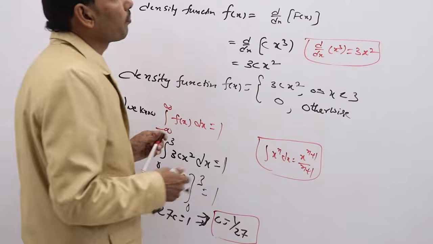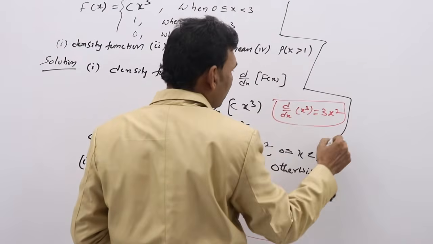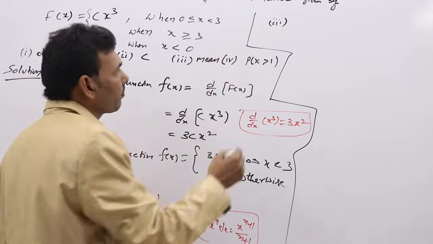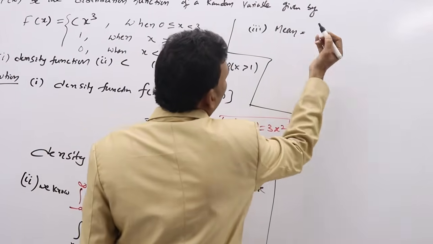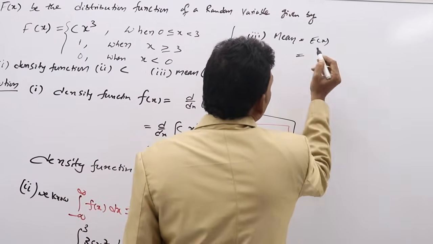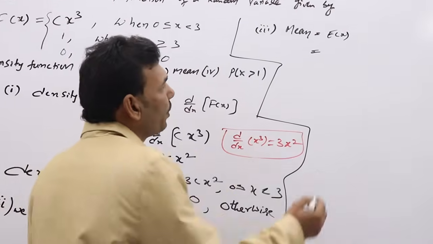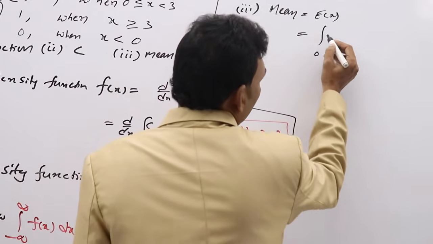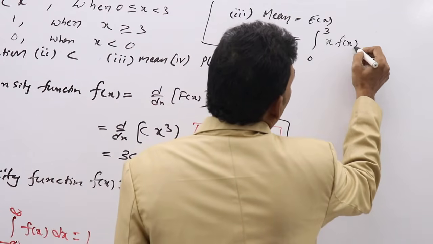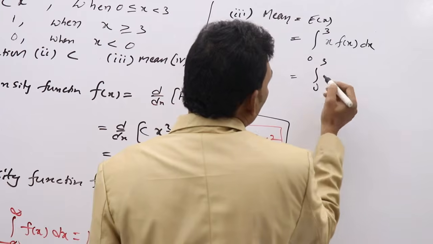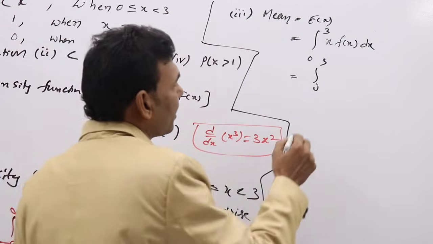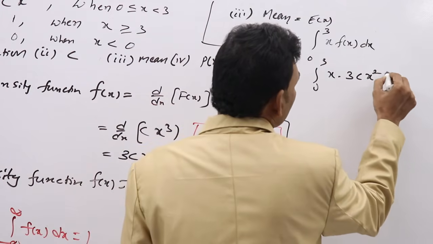So coming to the third part: find the mean. What is the formula for the mean? We represent the mean as mu or expectation of x. What is the formula for the mean in a continuous distribution? We discussed it already: the integral from minus infinity to infinity, but our interval is 0 to 3, of x f of x dx. What is small f of x? Small f of x is 3c x square, so x into 3c x square dx.